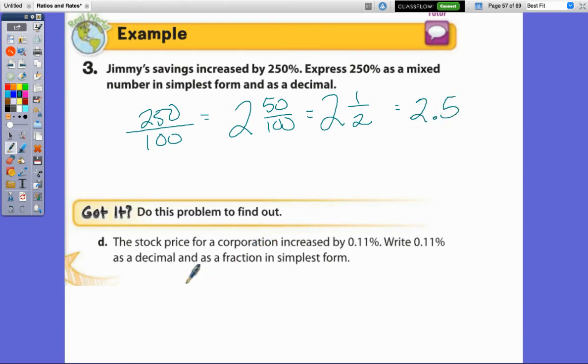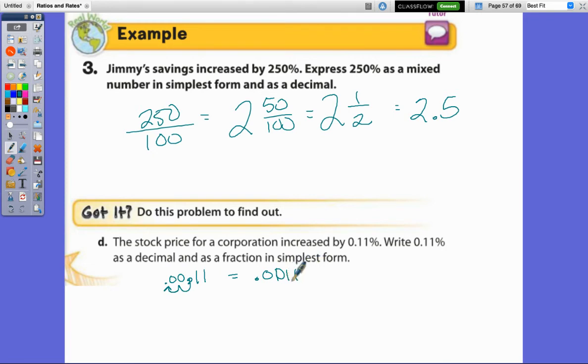Okay, so the stock price for a corporation increased by 0.11%. Write 0.11% as a decimal and as a fraction in the simplest form. So we're going to go to the left, to the left. Everybody moves your decimals to the left. Oops, sorry.